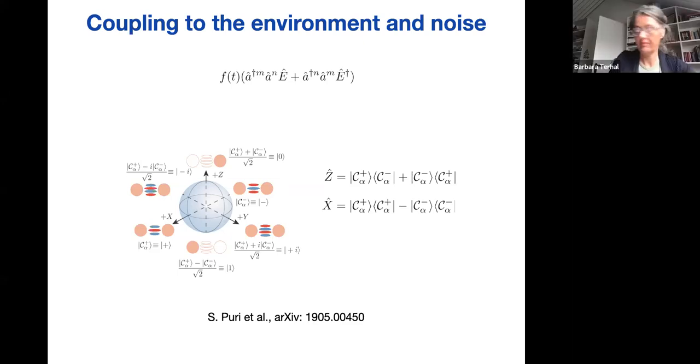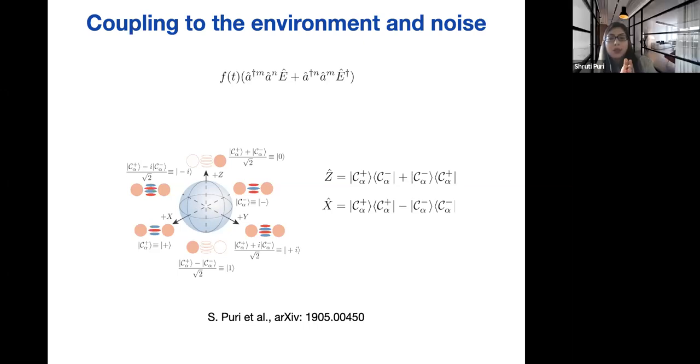Right. So very quickly, I want to tell you about coupling to the environment. You can write a general coupling to the environment like this. Now, what I want to motivate to you is that the coupling to the environment is going to be along Z. That is, it can flip C minus to C plus, but there won't be anything like an X coupling, which puts a phase between the C plus and C minus states.